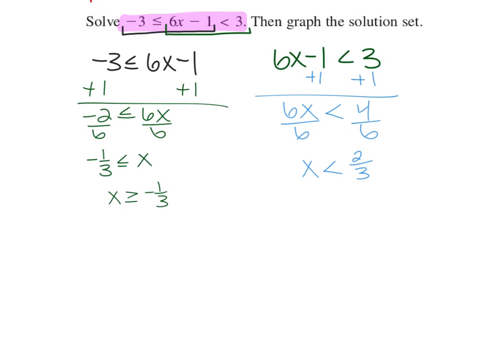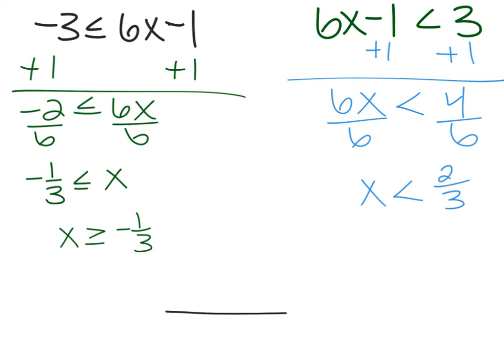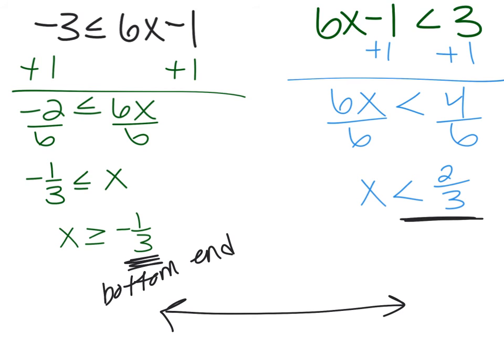So if we want to graph this solution set, it's greater than or equal to negative 1/3. Think about that as the bottom end. And then it's less than 2/3, so this is the top end. So if we're doing thirds, let's do 0, let's put 1 and negative 1, and then split it into thirds.